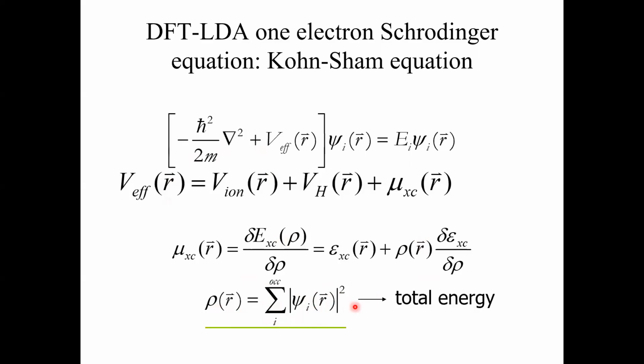So what did the Hohenberg-Kohn theorem prove? If I know this correctly, I can get the total energy. The total energy is a unique function of charge density. That is proved by the Hohenberg-Kohn theorem. But that didn't tell you how to compute the density. Computing the density was provided using the Kohn-Sham approximation.